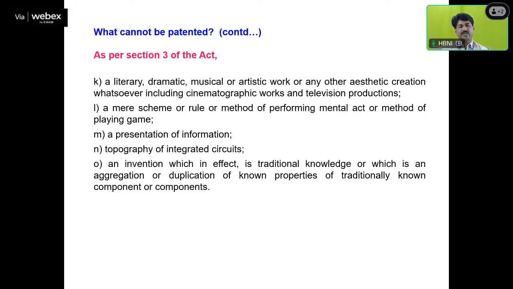So the topography of integrated circuits is prohibited from patenting. Also, an invention which in effect is traditional knowledge and which is an aggregation or duplication of known properties of traditionally known components is not included in patent applications. So these are the provisions of section 3 of the Patent Act.